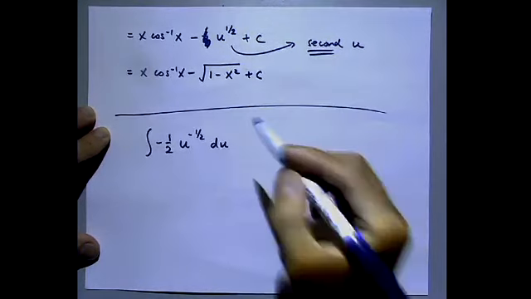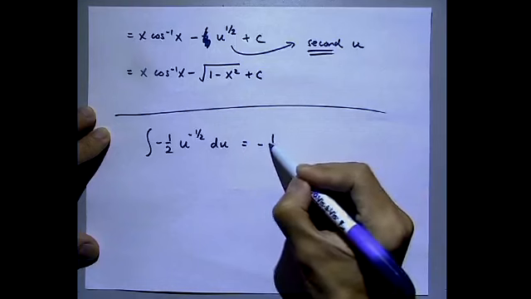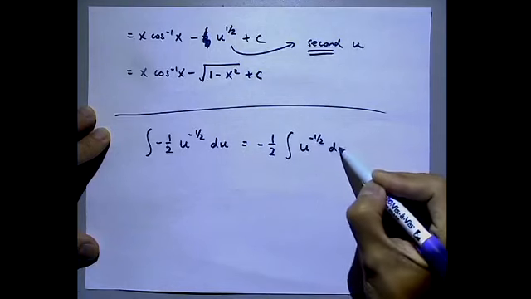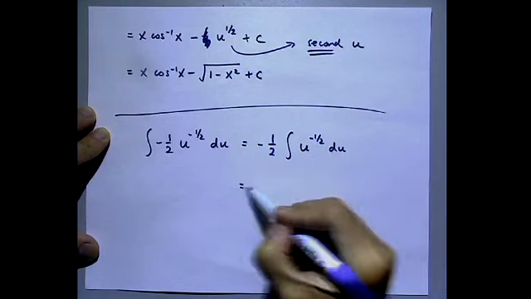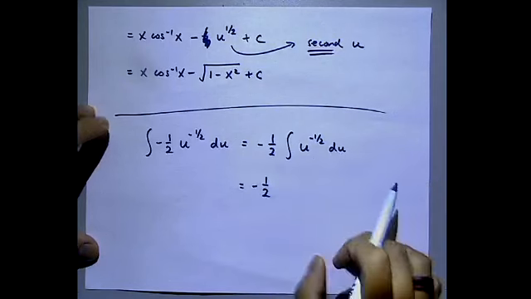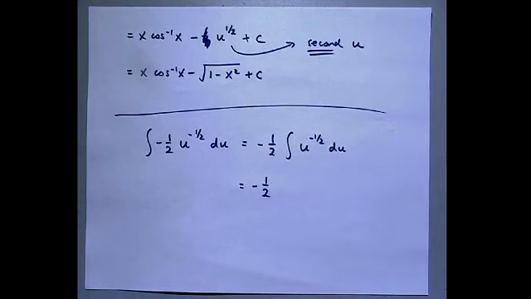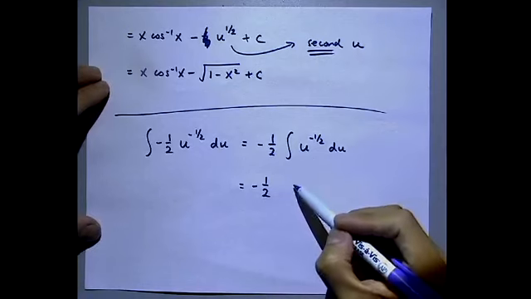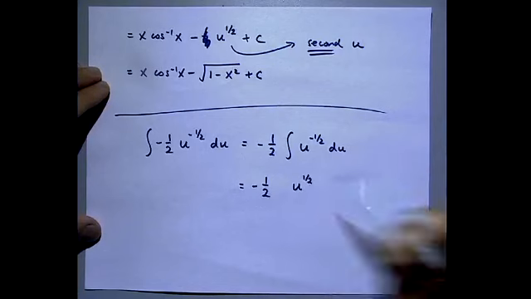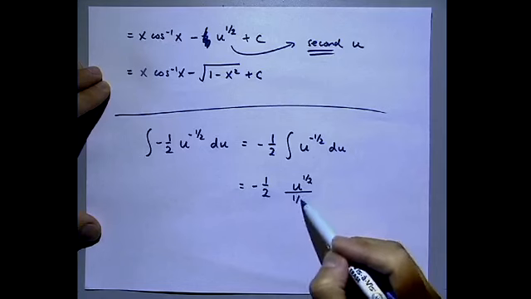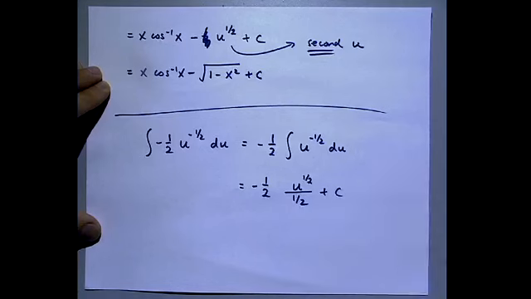So I'm integrating that. That minus 1/2 is irrelevant. I pulled it out. Then I'm just integrating using the regular power rule. I add 1 to the existing power, and I divide by the new power and some constant, right?